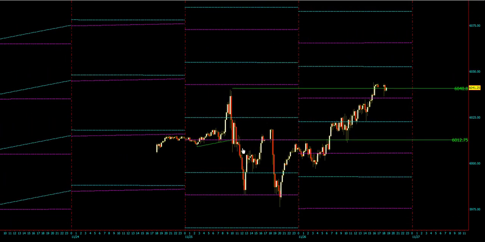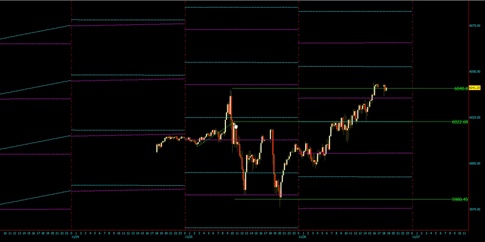Let's expand this, right? So what is the best trend line definition 369 offers? It is break and retest on the other side. There it is. So this line is going through all other things. We don't care.